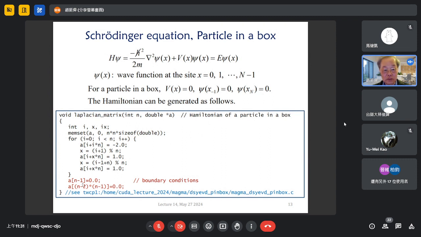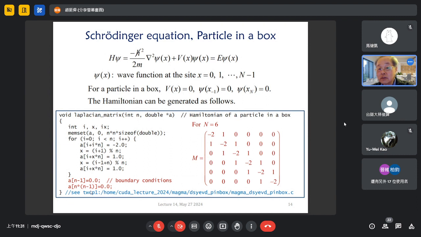So that means this is 0. Then this is the Hamiltonian of a particle in a box. Again, you see, you don't have the 1 here, you have the 0 here and the 0 here. So you solve this eigenproblem, then you get the eigenvalues and the eigenfunctions for a particle in a box, but this box is discrete.